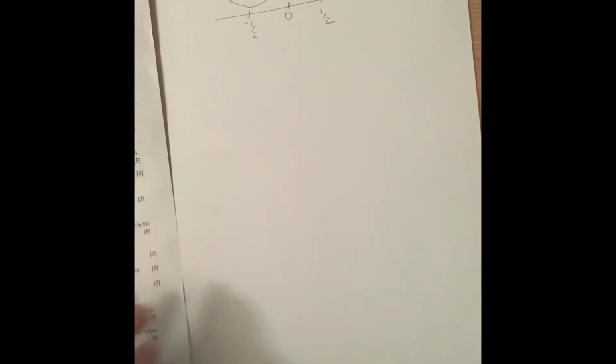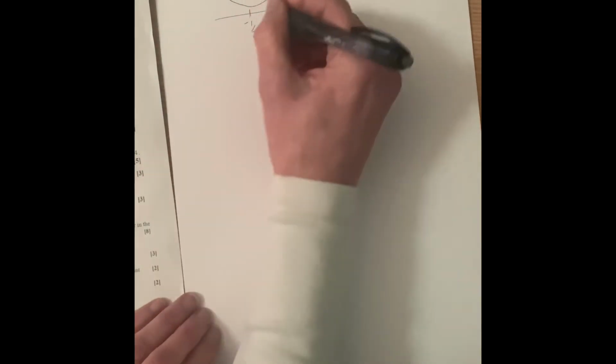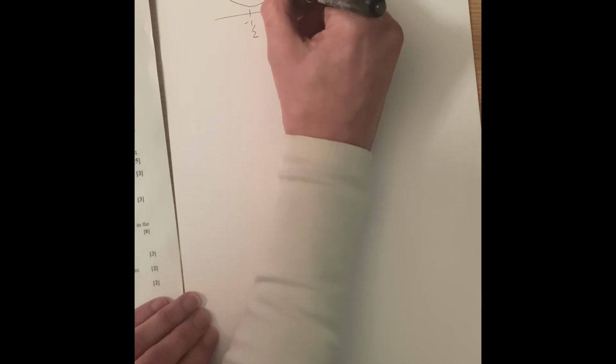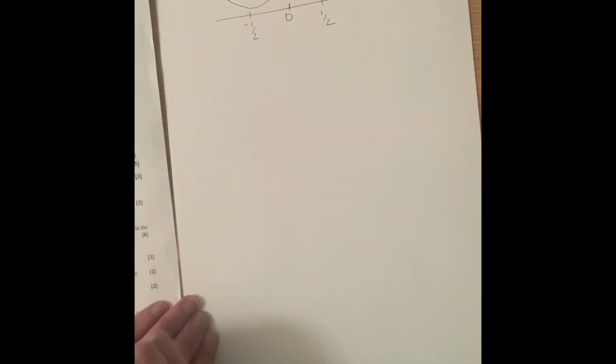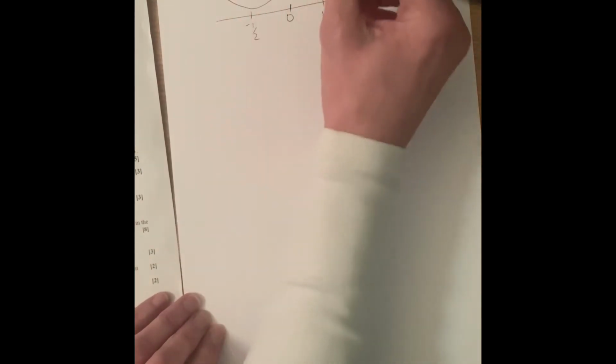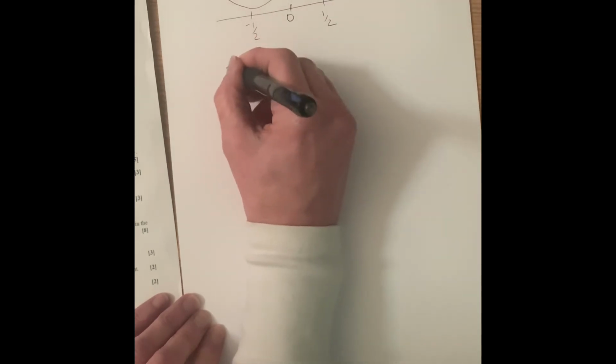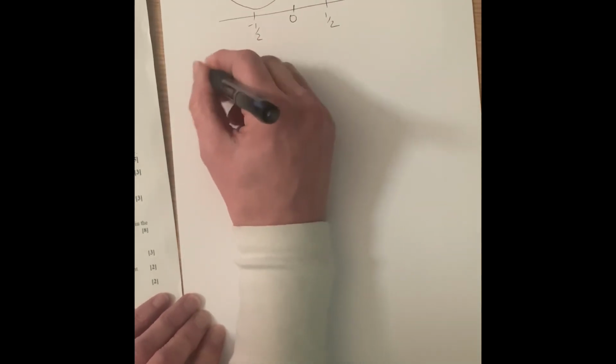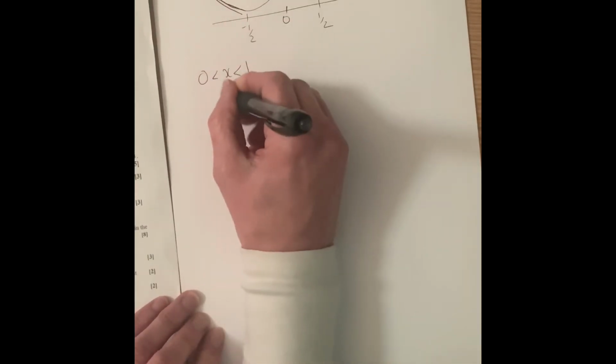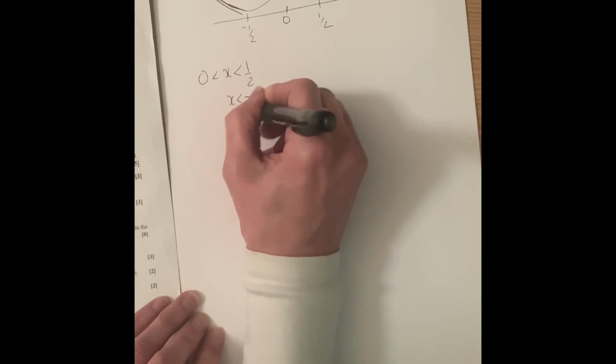So obviously your curve doesn't look like that, but it's a really good way to summarize your gradient. So you can see that you've got a negative gradient here, so when x lies between a half and 0, and you've got a negative gradient here, where x is less than minus a half.